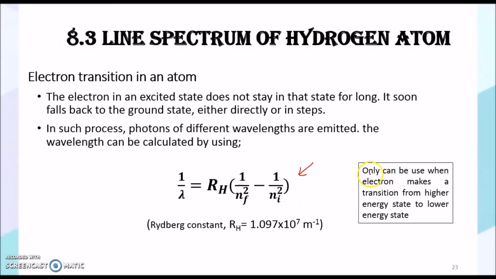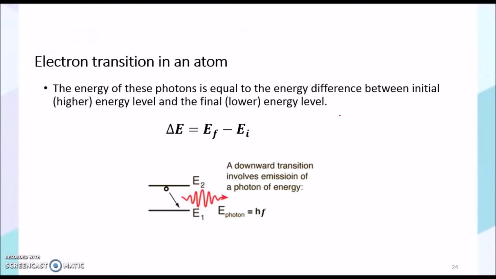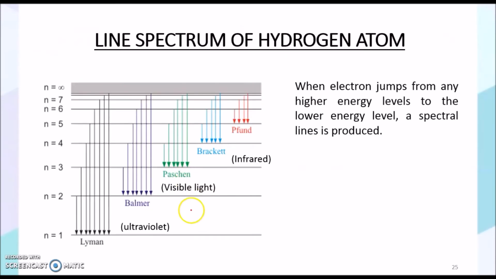So this equation can only be used when electron makes a transition from higher energy state to lower energy state, where during the transition, photon or energy are emitted. When the energy or photon is emitted, we have this line spectrum of hydrogen atom.